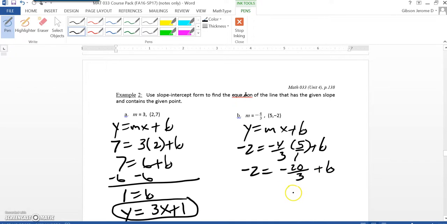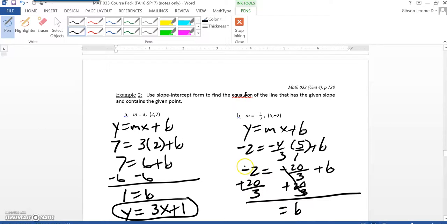Now, we're going to add 20 over 3 to both sides. On the right side that would leave us b, because these will simplify out. But on the left side here, we have negative 2 plus 20 over 3.